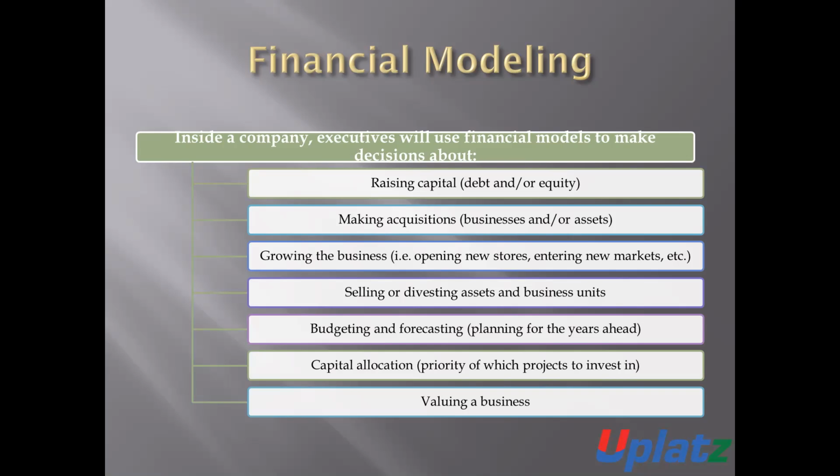Budgeting and forecasting is also an important decision in respect of which the organization will use the financial model. Capital allocation. For the capital allocation, the entity will also use the financial model. And the last is value of business. To determine the value of the business, the organization will also use a financial model.